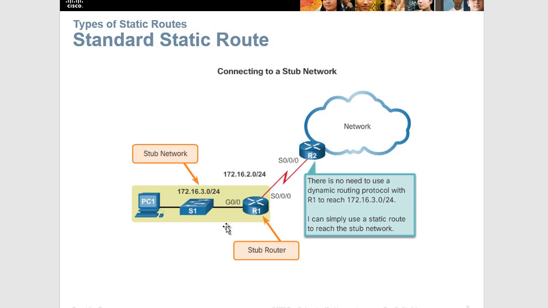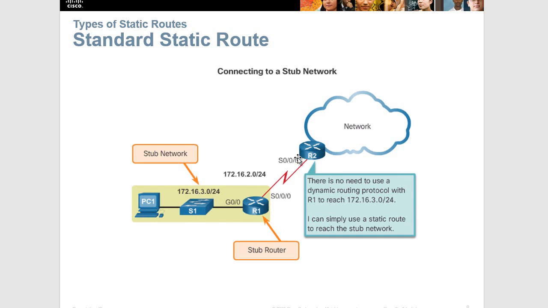So your standard static route would be the route from R2 to R1. It doesn't need to use a dynamic routing protocol. It's always going out serial 0/0/0, and its next hop is always this router to get to the 172.16.3 network over here.